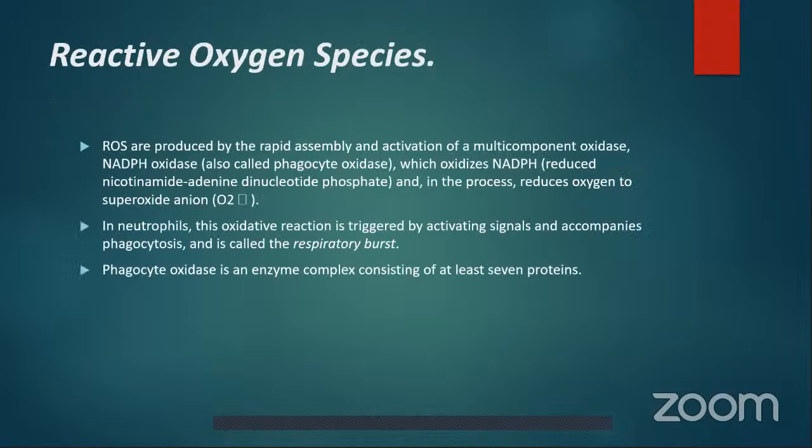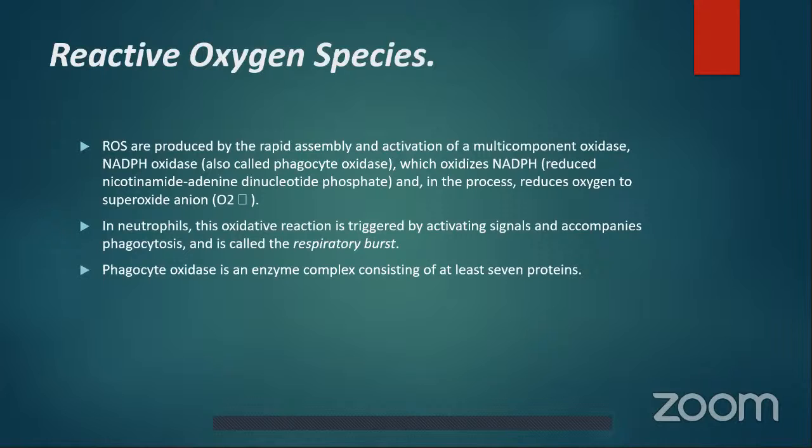So, let's learn a little in detail about the reactive oxygen species. The reactive oxygen species are produced by the rapid assembly and activation of a multi-component oxidase, the NADPH oxidase, which will oxidize the NADPH, and in the process, it will reduce the oxygen to superoxide anion.